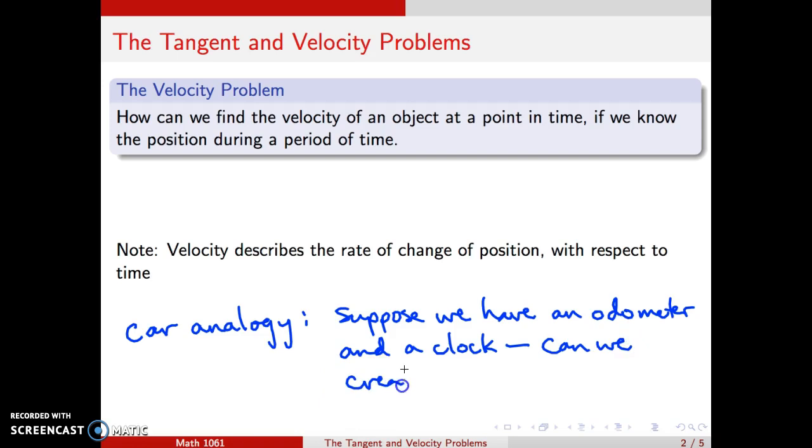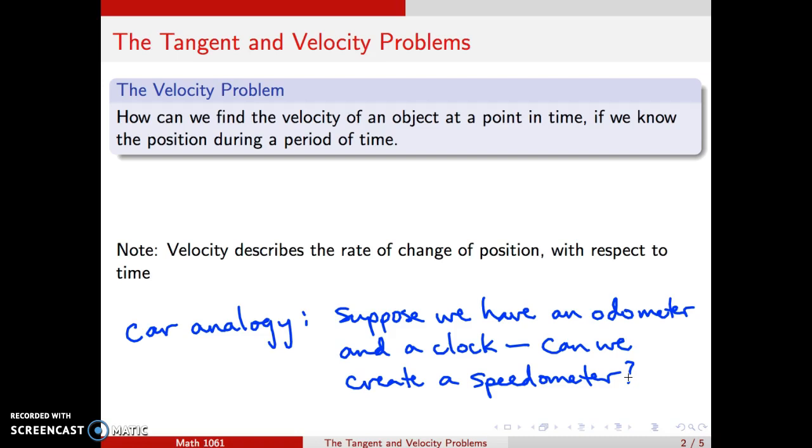Can we create or have a way of determining a speedometer? So if you know how far you've gone and you're measuring the time along the way, can you figure out how fast you're going at an instant?